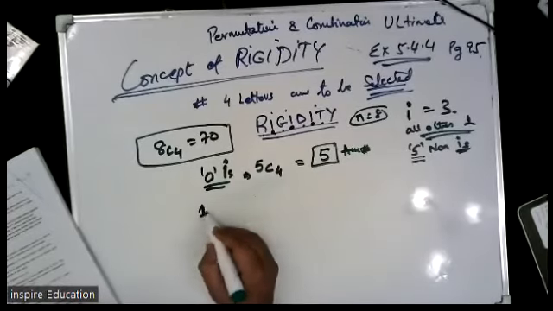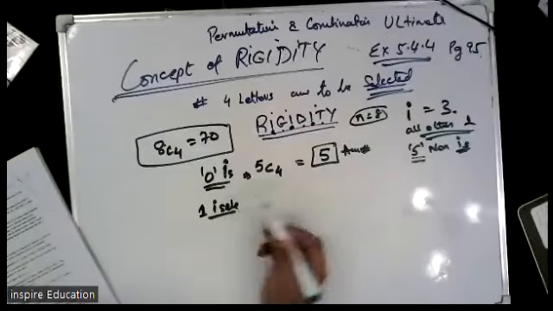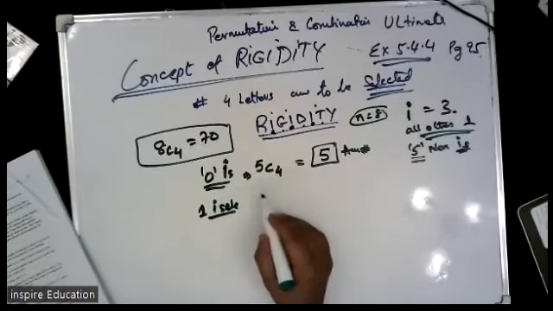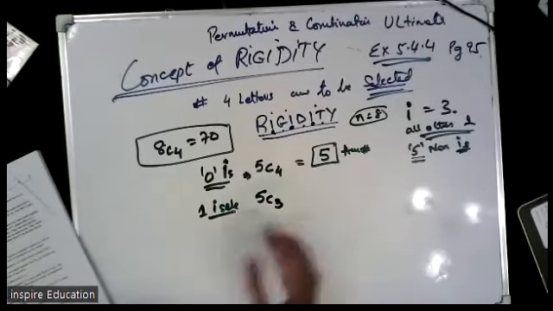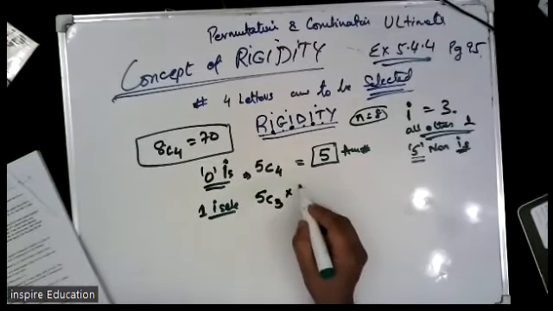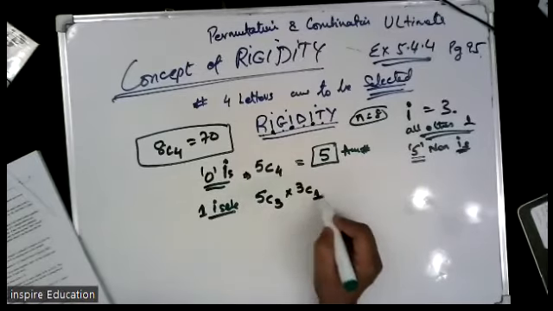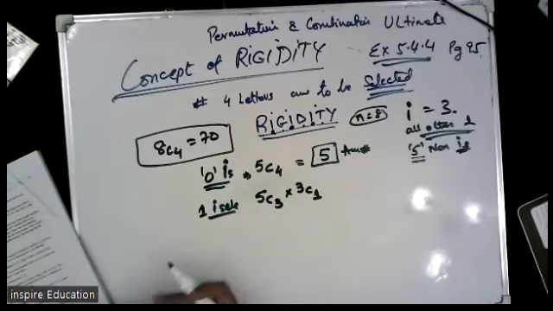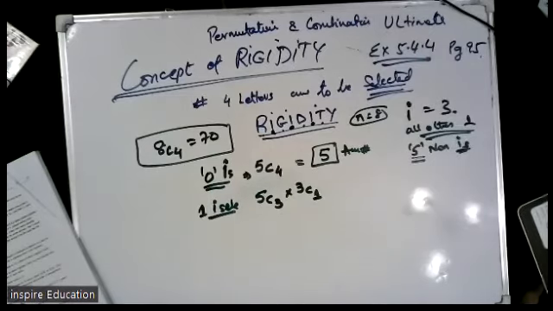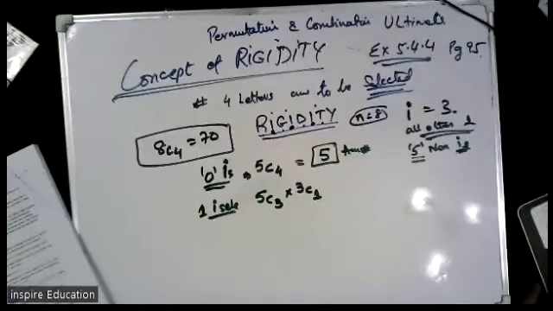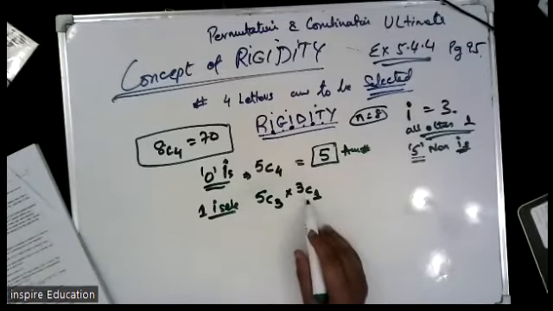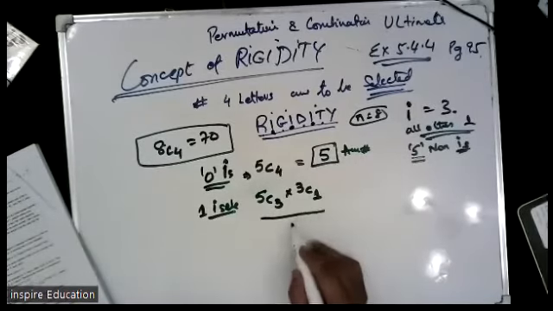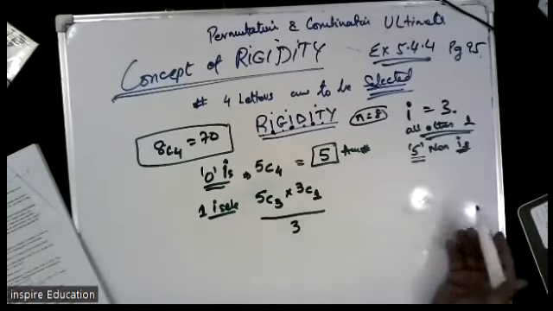One eye selected. So out of 5 non-eyes we select 3, and from 3 eyes we select 1 eye, and we divide it by 3 again because we got 3 same eyes.